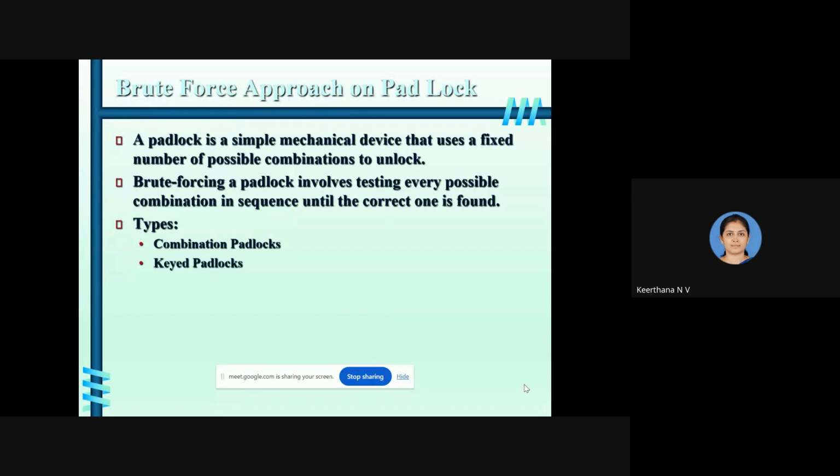Here, brute force is involved through various numbers of key cuts. For unlocking a lock, you will be using a key. Instead of trying with a single key, multiple keys are tried. So they also involve that trial and error approach.